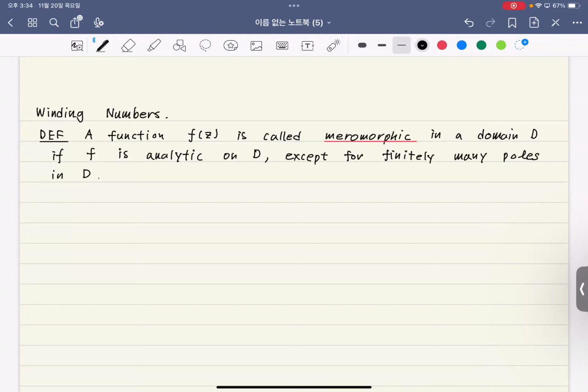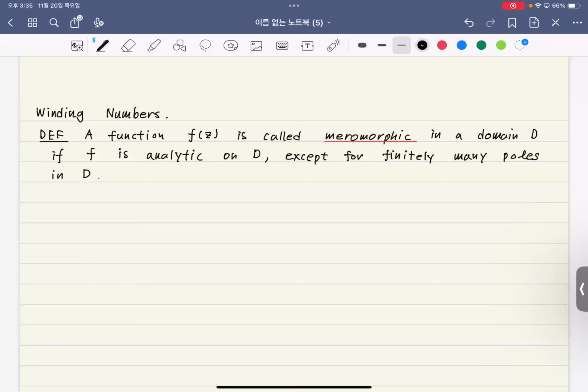So far we have been discussing the poles or singularities of some functions. This time I want to introduce a slightly larger class of functions which also allows the notion of singularities. As you can see from this definition, the number of singularities should be finite, so all singularities are automatically isolated singularities.